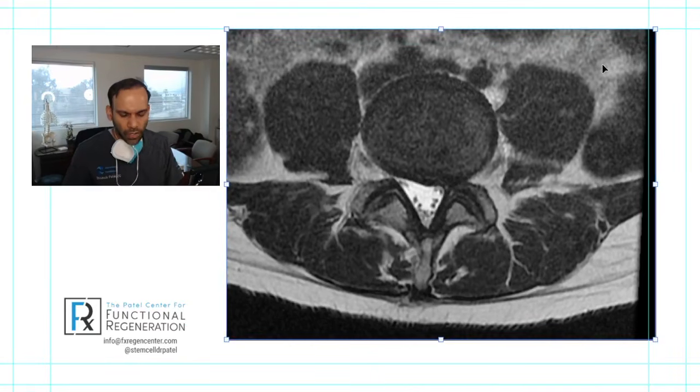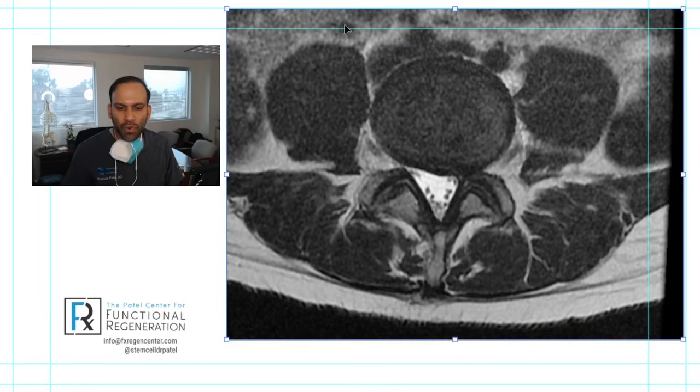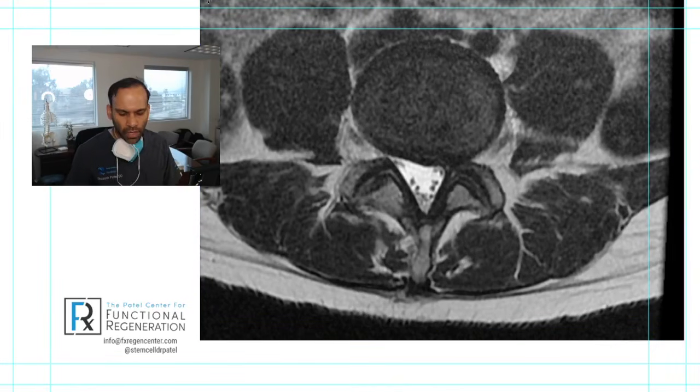So we look here, we're starting to recognize that there's some more irregularity of the bone that's starting to take place here. So you can see that the contours over here of the bone is starting to get a little bit rougher at both of these areas.